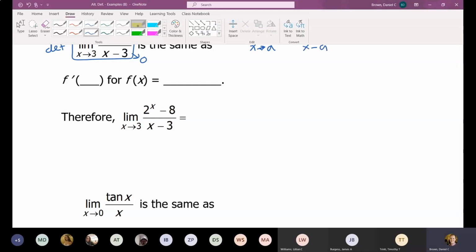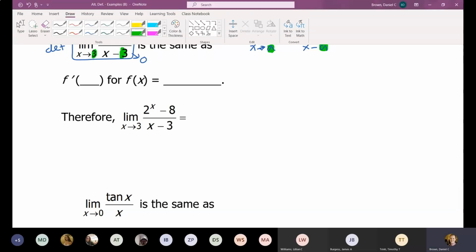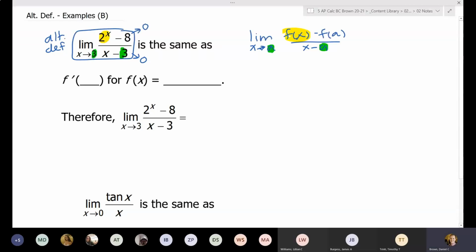So you can kind of tell that this is the derivative of the function 2 to the x at the value of 3. So this limit expression means exactly the same thing as f prime of 3 for 2 to the x as your function. So instead of finding the limit the old-fashioned way, we can just use our derivative rule.